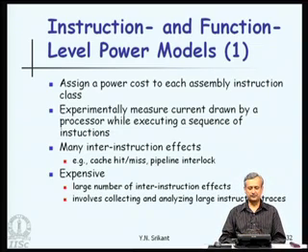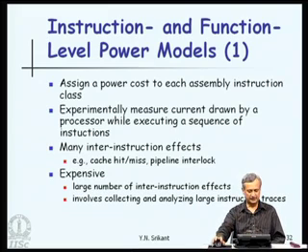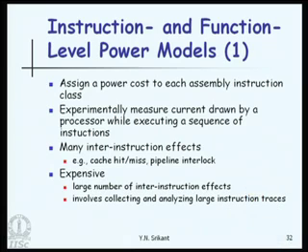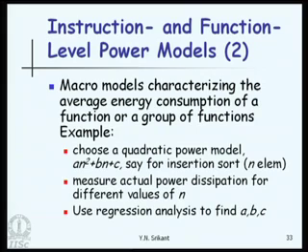We considered the instruction and function level power model in the last lecture. An instruction level model assigns a cost to each of the instructions. This is a very expensive process, because we need to look at many possible instruction mixes, measure the current that the processor uses, and then finally assign the power. So, people also consider groups of functions and then see the average energy consumption of such groups.